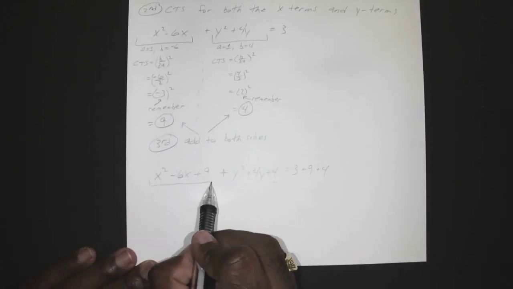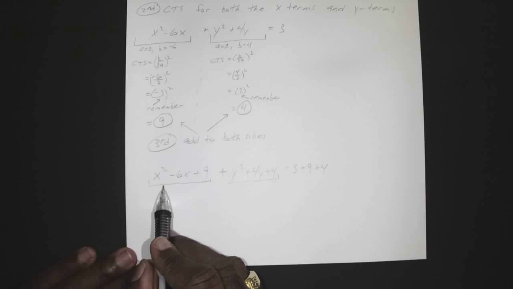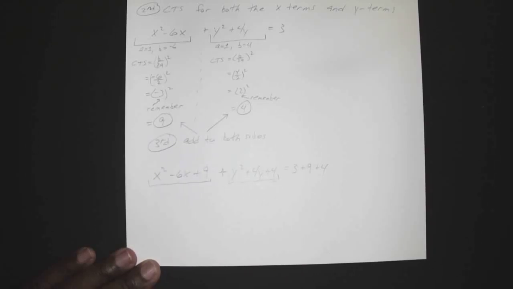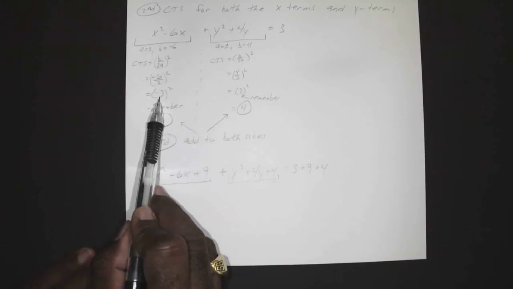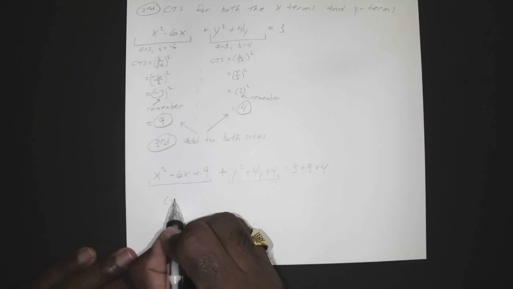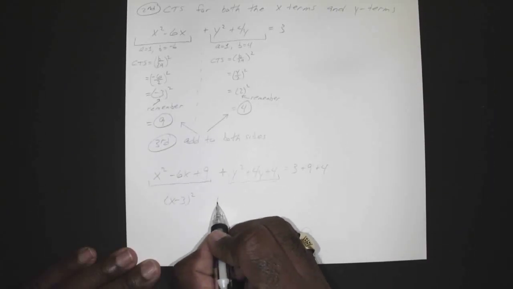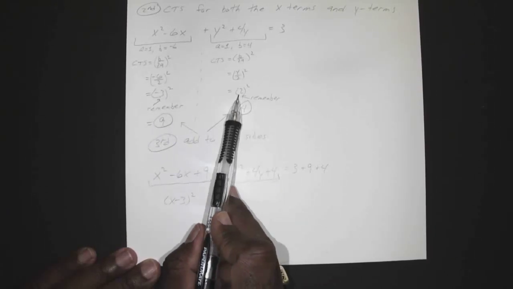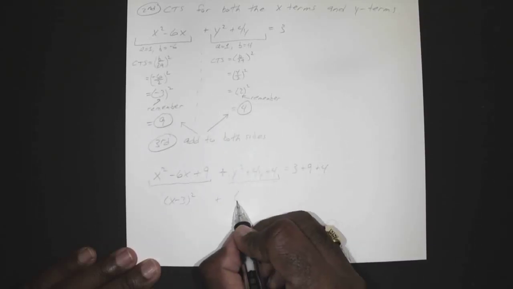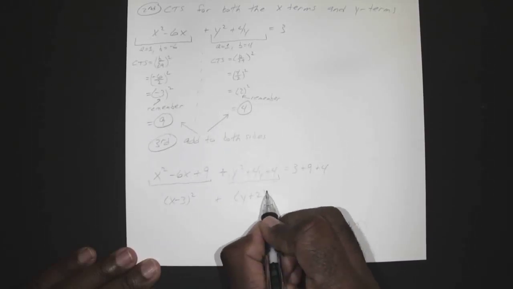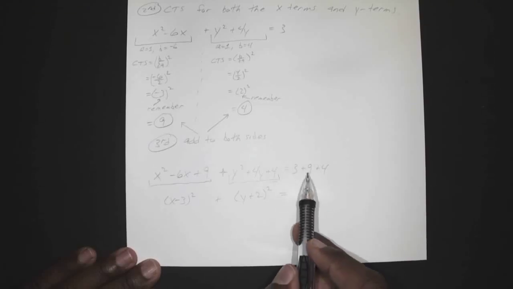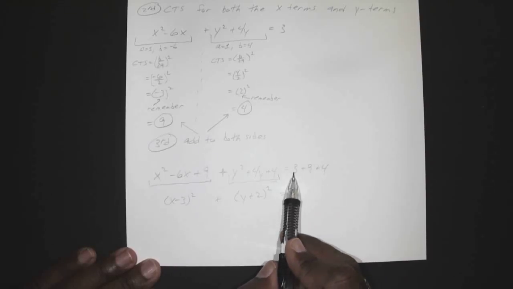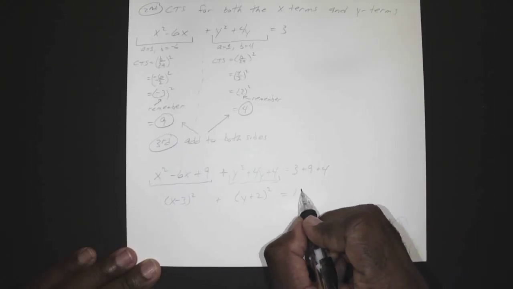These two sets of 3 terms end up being (x minus 3) squared plus (y plus 2) squared, equals 9 plus 3 is 12, plus 4 is 16.